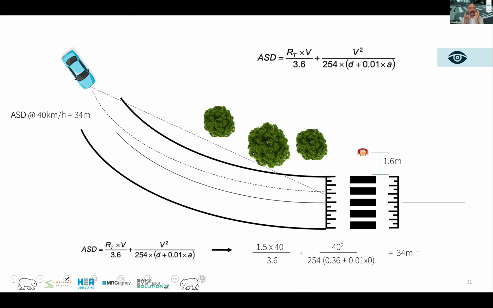Now, the really important thing here is that we absolutely do not meet crossing sight distance. That pedestrian has no ability to make a proper informed judgment as to whether they have time to cross. But the driver has, under all of our calculations, all the appropriate ability to see, to react, to slow down.